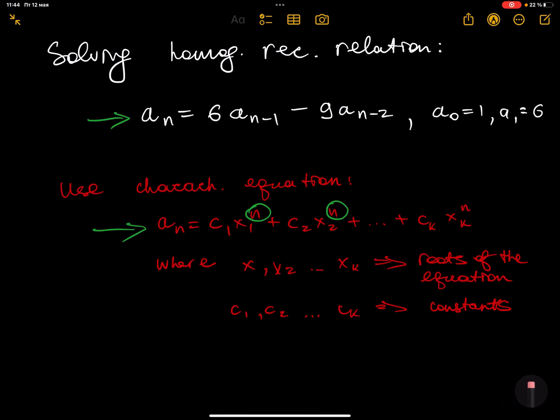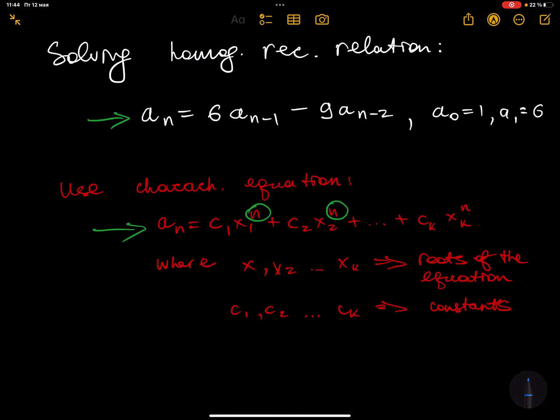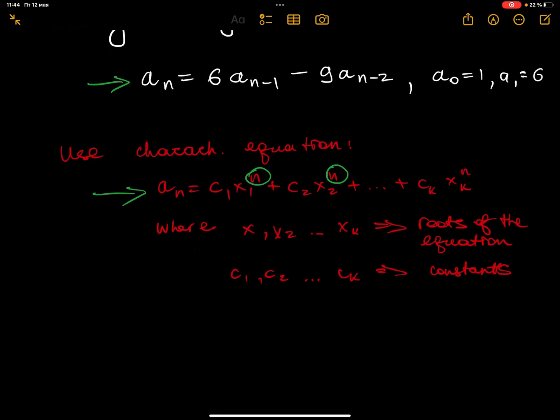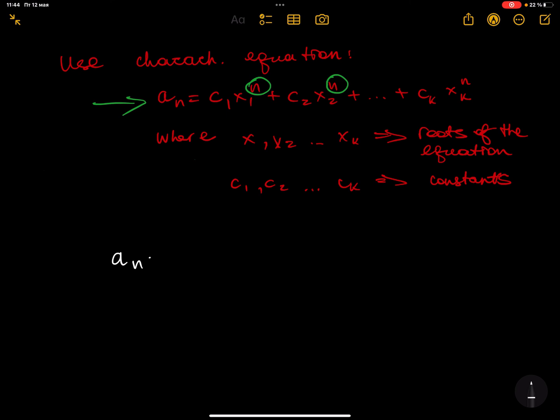Now our task is to build this characteristic equation, and for this we need, of course, x, the root. So you solve in this fashion. We have a_n equals 6a_(n-1) minus 9a_(n-2). I'm gonna move everything from the right side to the left side.